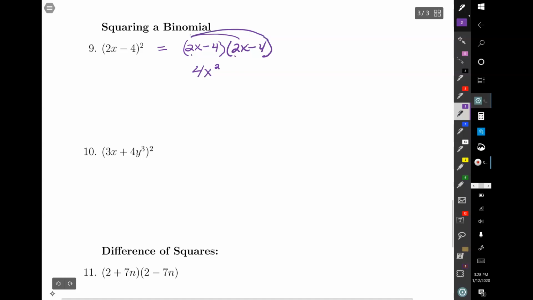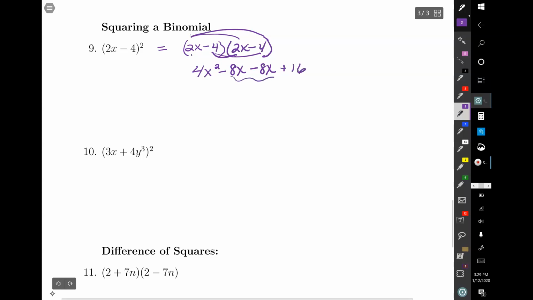Then 2x times minus 4 is minus 8x. Now my insides, minus 4 from the first binomial times 2x is going to be minus 8x. And then the last term of each binomial, minus 4 times minus 4, would give me a positive 16.